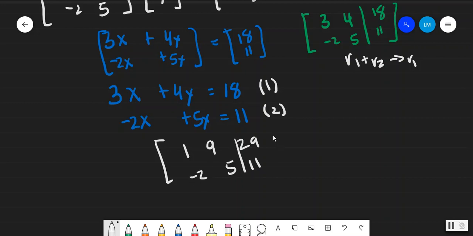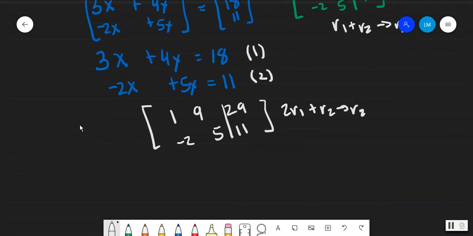But notice that we could probably just take 2 times row 1 plus row 2 to give us a new row 2.